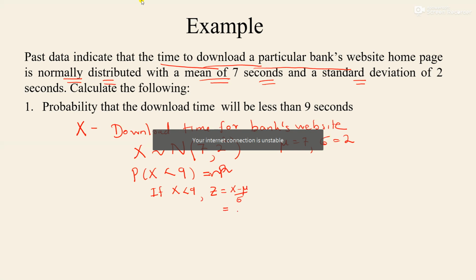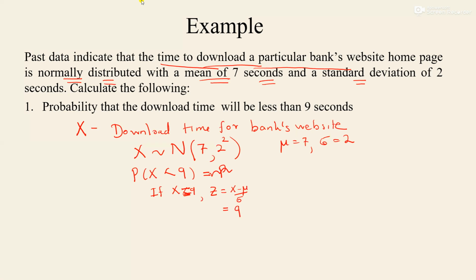If x is equal to 9, then (9 minus mu 7) divided by sigma 2 is equal to 1.